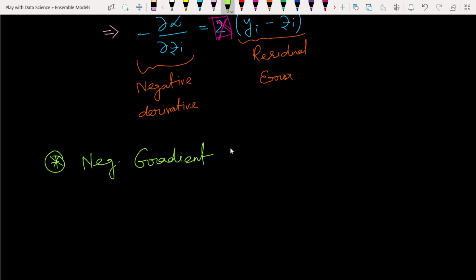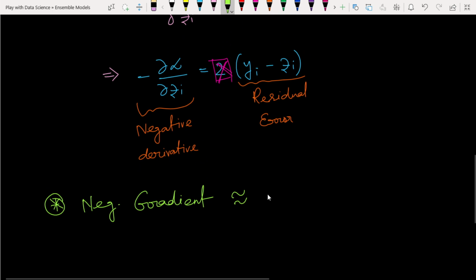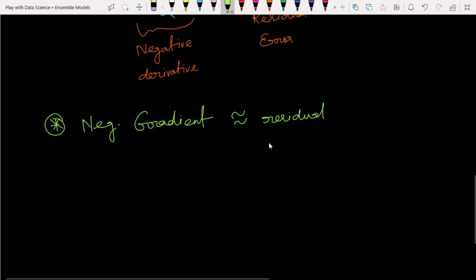Negative gradient is equivalent to the residual error, or in another language, this negative derivative is called the pseudo residual.